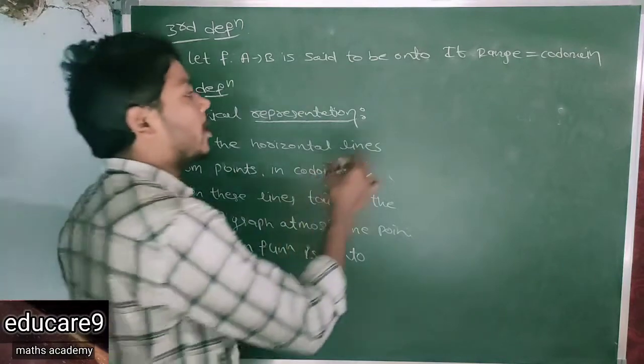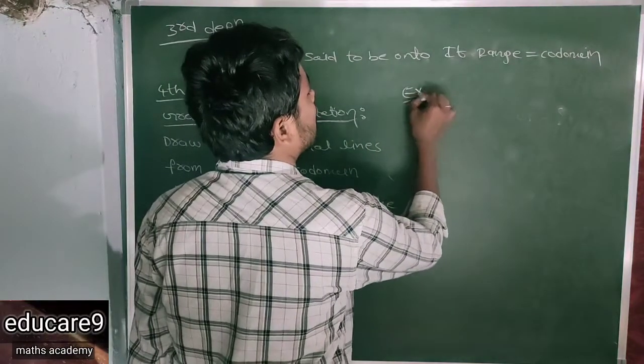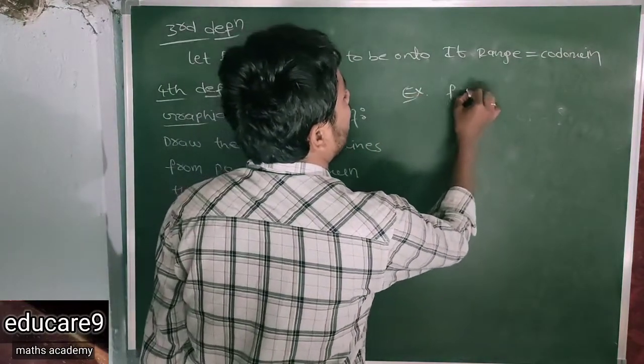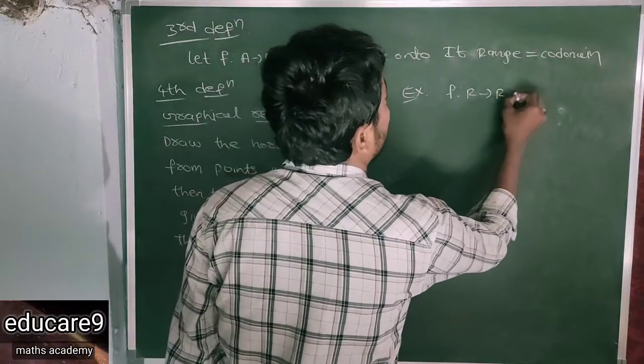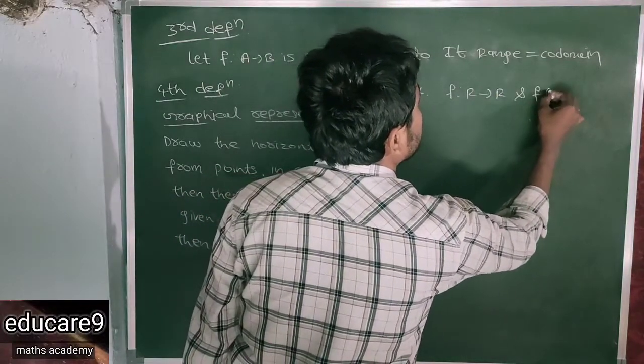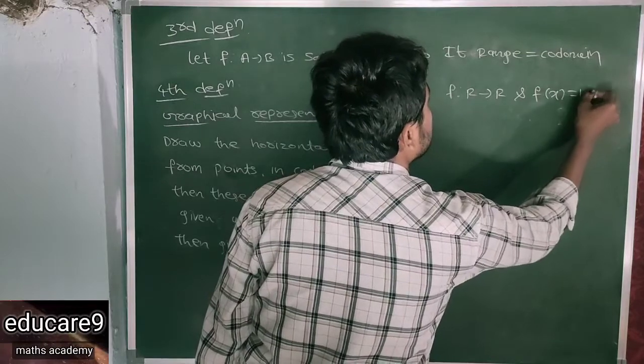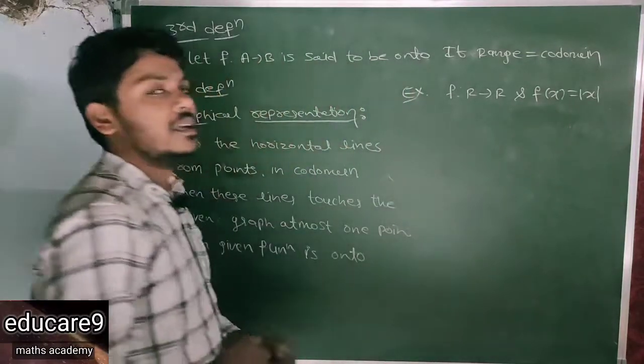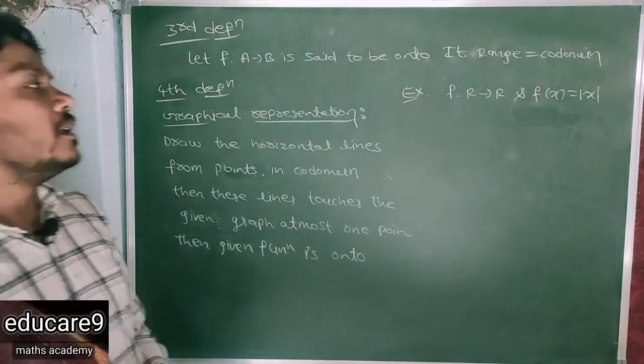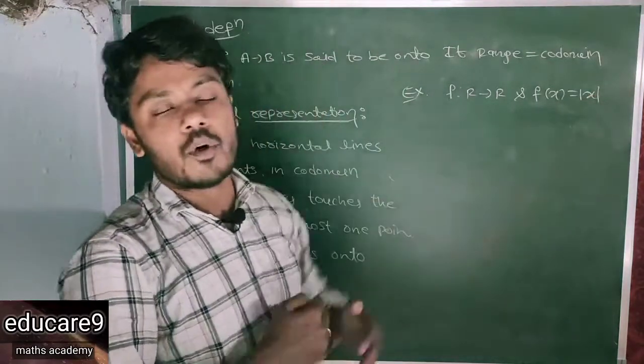So for example, f from R to R and f of x is equal to mod x. So you have to draw the graph of mod x.